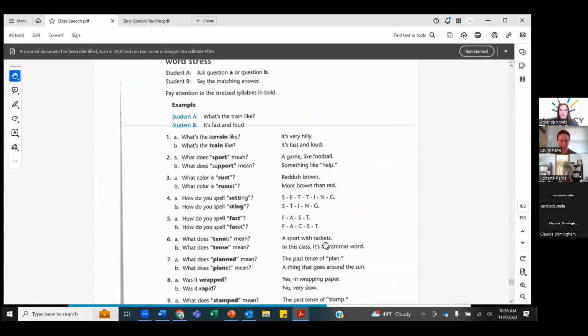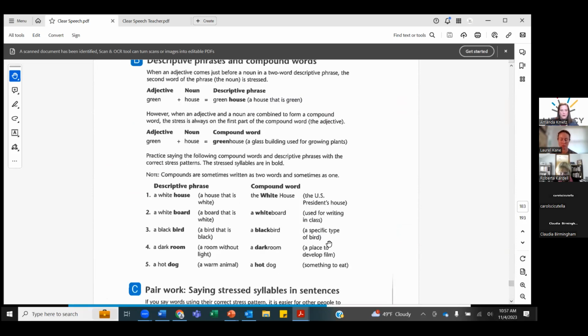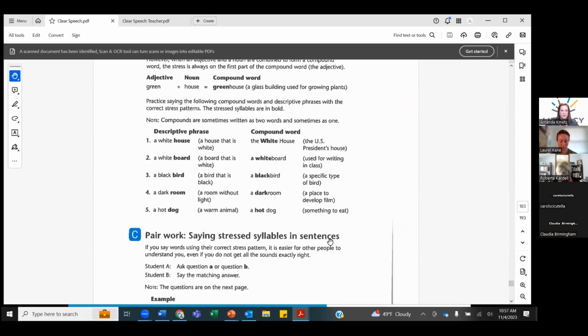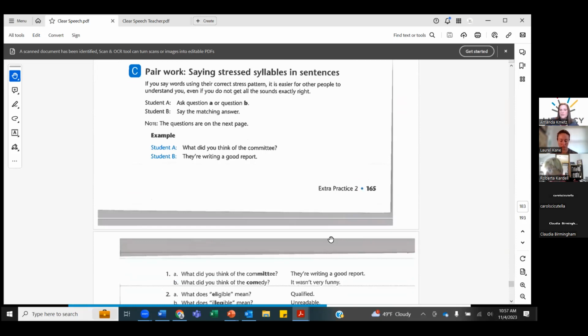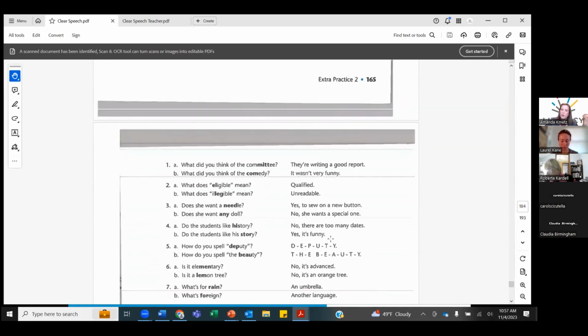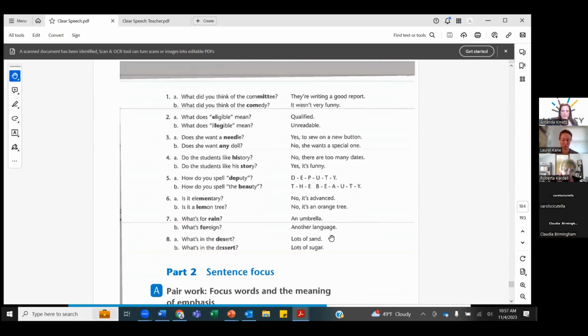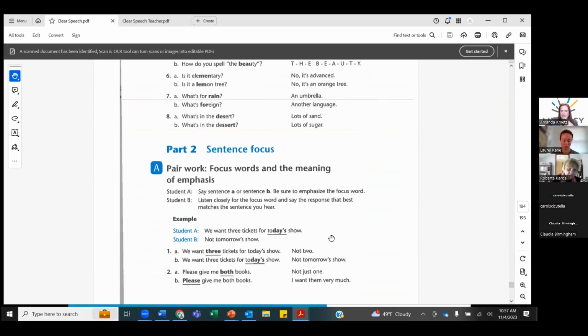Here's a pair work pronunciation. But there are some individual ones. If it doesn't say pair work or group work, these are all different things that students might be able to do individually. Just go through some things that you focus on in the chapters and have them practice pronouncing it on their own.